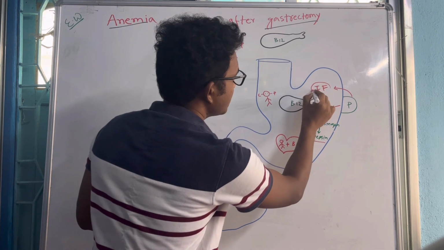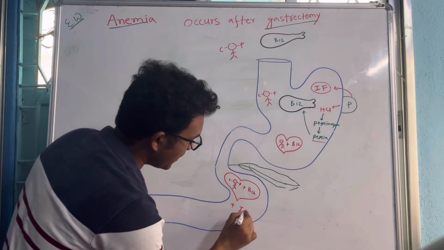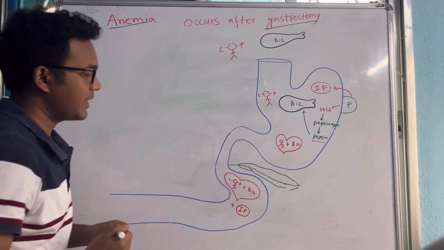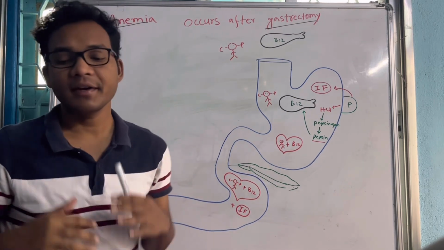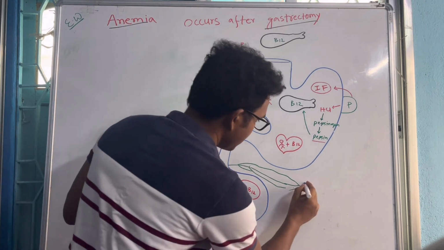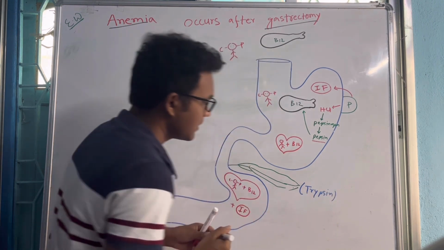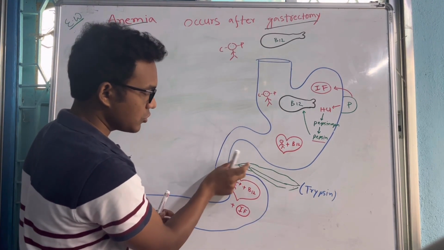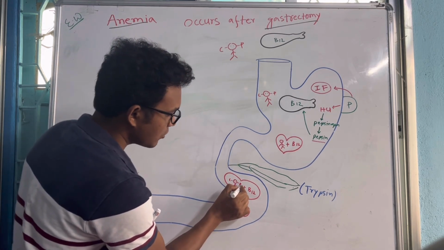We know that this intrinsic factor also comes into the duodenum. Now here in the duodenum, the pancreas secretes pancreatic juice, and they mainly secrete trypsin. This trypsin comes into the duodenum through the pancreatic duct and destroys this cobalamin.